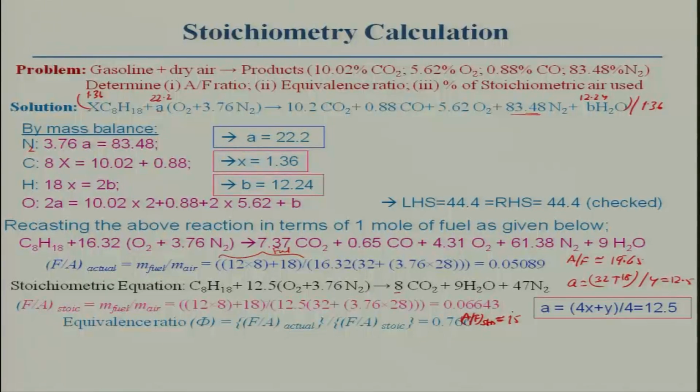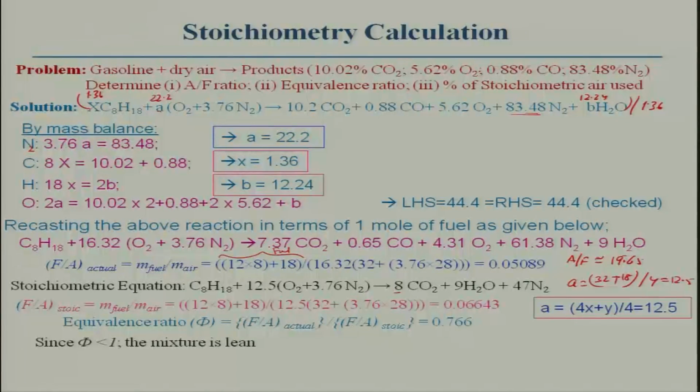So now, what would the equivalence ratio be? It would be basically fuel by oxidizer actual divided by fuel by oxidizer stoichiometric, and it happens to be 0.766. That means it is a lean mixture because phi is less than 1. And why can you say that? Because the product contains oxidizer, oxygen, therefore it will be a lean mixture.